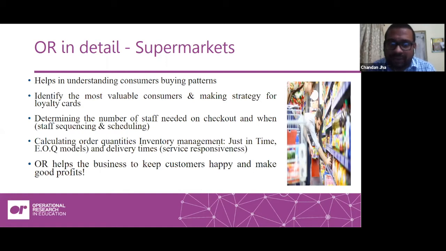Then this is very critical for any retail organization sector: inventory management. So EOQ models are there. Within EOQ models, we can use deterministic models as well as stochastic, probabilistic models, depending on what our assumption or practical application is.